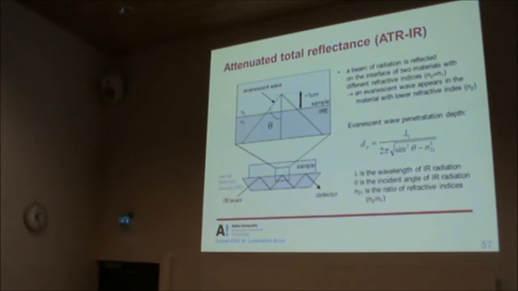So the higher the wavelength you use, the longer it travels into the lower refractive index medium. Keep in the back of your mind that a part of the electric field propagates into this medium as an evanescent wave. That's all we need to remember from this slide.